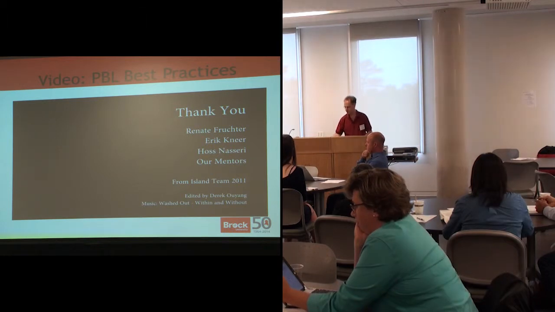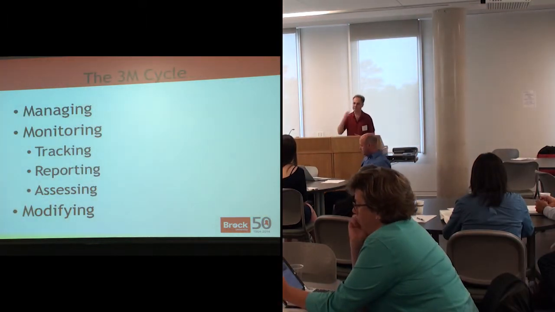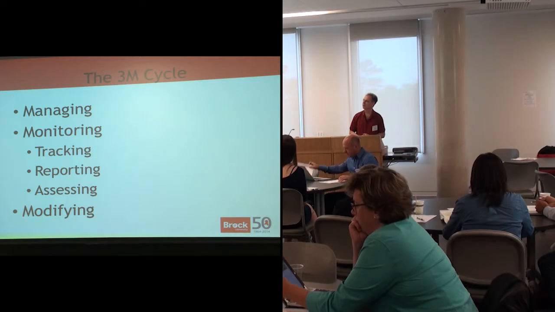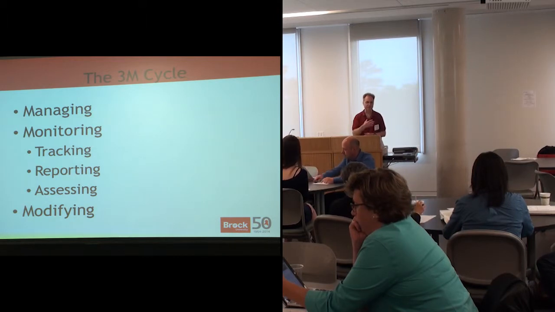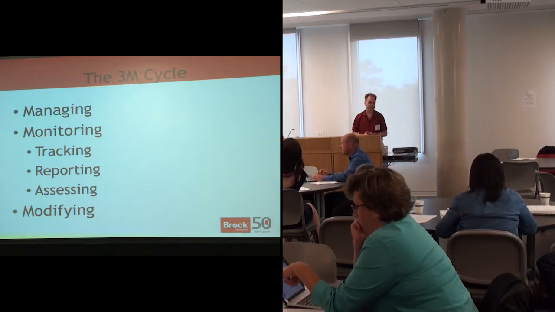I just want to share with you the 3M cycle. I'm going to close very quickly. I mentioned it earlier: managing, monitoring, modifying. But within the monitoring process, which is part of that executing process in order to keep a project on track, the importance of these 3 sub-processes, if you will: tracking how a project is going, reporting on how a project is going, and assessing.